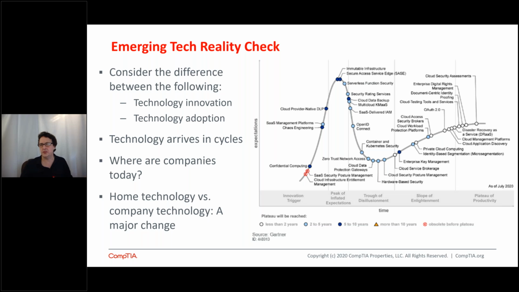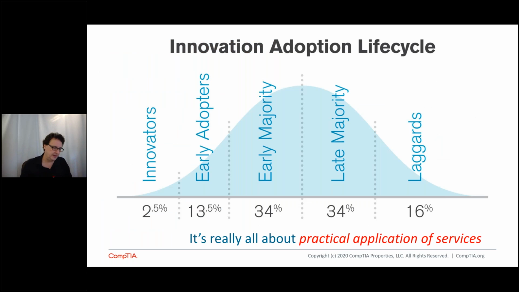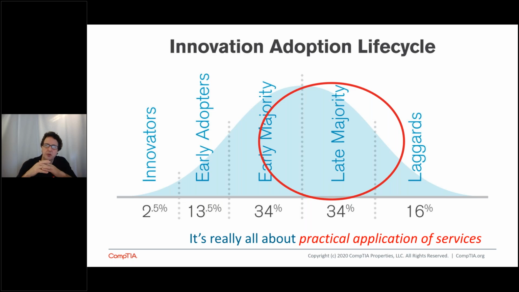So you could talk about this in terms of cybersecurity things. For example, Gartner will put out research saying, here's all sorts of constant, cool new things going on, and some of them are going up into that peak of crazy expectation. Some are going down into the trough of disillusionment. Some are actually reaching kind of maturity. What I want to do today is talk to you about technologies and things that are being used.